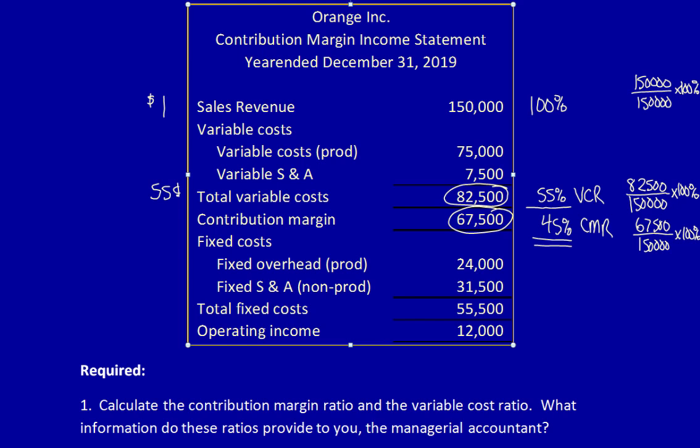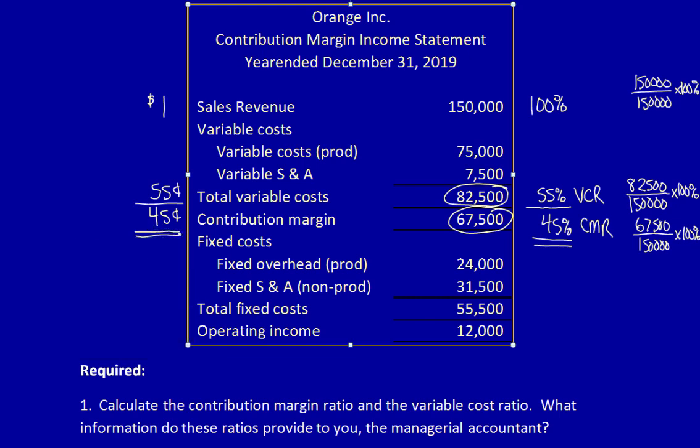That means there is only 45 cents available to cover all the fixed costs. Remember, these costs don't go away even if production volume is equal to 0. This 45 cents also has to cover the operating income necessary to make the external stakeholders, such as investors, happy. You can see why the contribution margin ratio is so important.